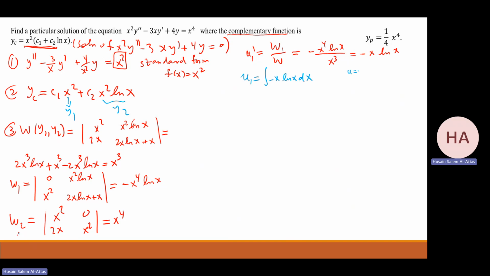So I'll make u equal ln x, dv equal minus x dx. So what is du? Dx over x, and v is minus x squared over 2. So this one will be uv, minus x squared over 2 ln x, minus the integral of v du, so it's minus x over 2. That will be u1.